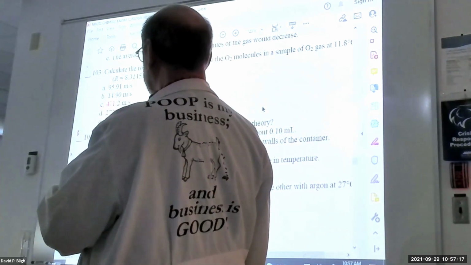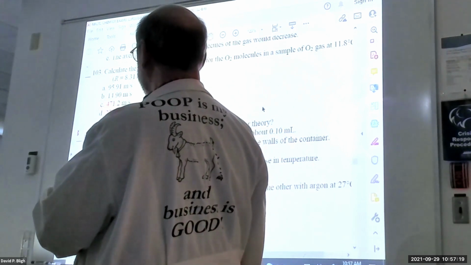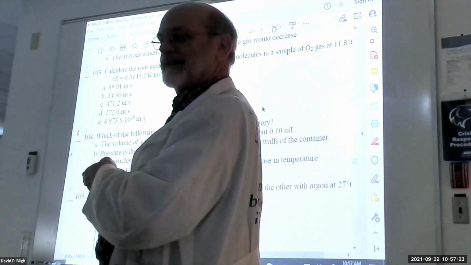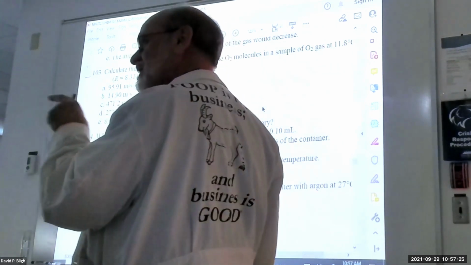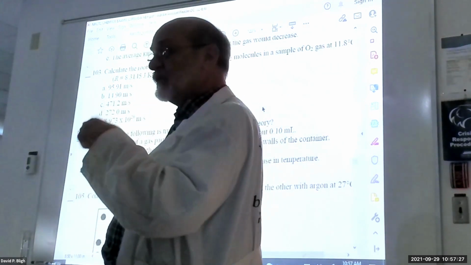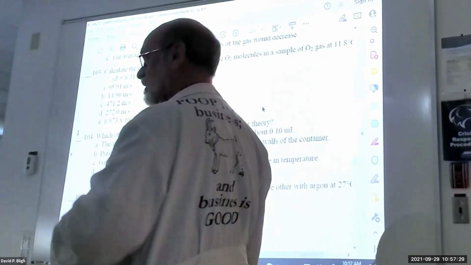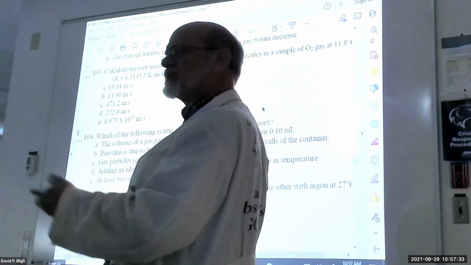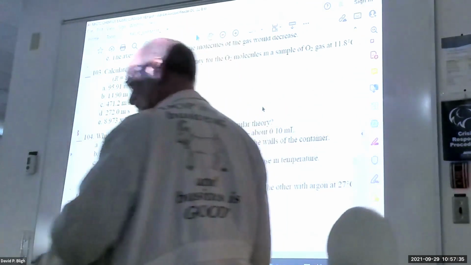I should have put 0.471 meters per second as an answer, just to test to see if you remembered to do it, because if you didn't, you would get a number three orders of magnitude smaller.